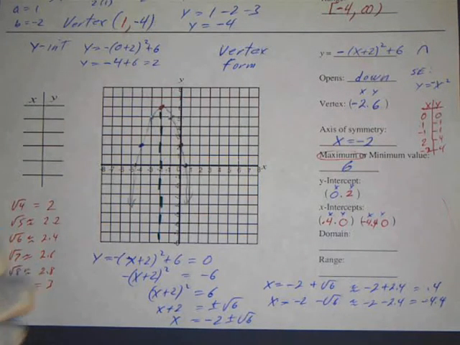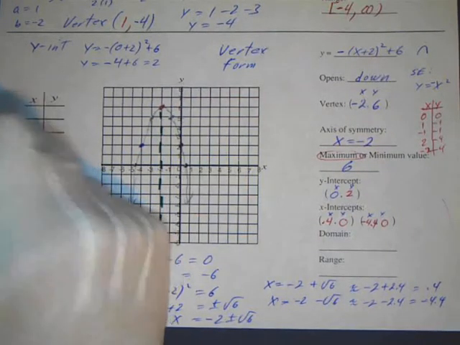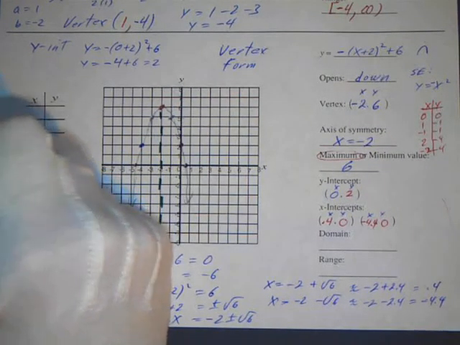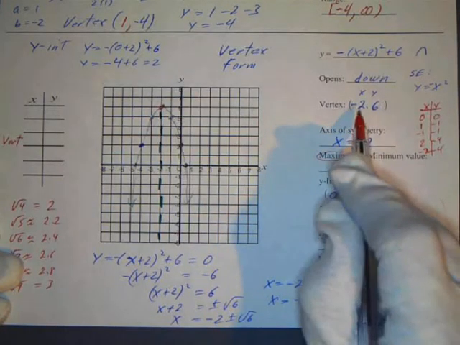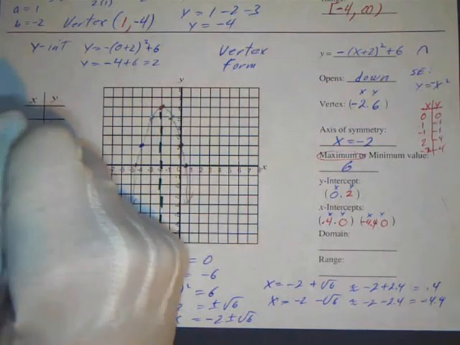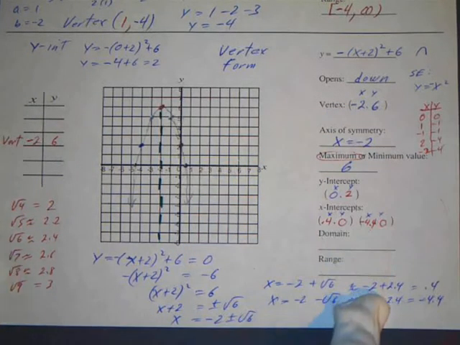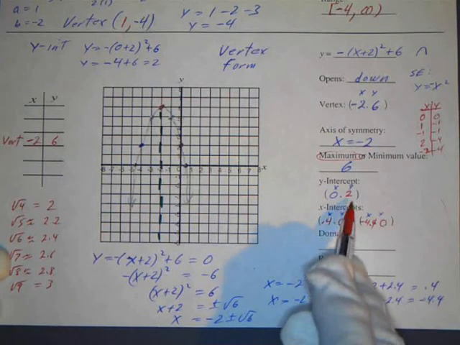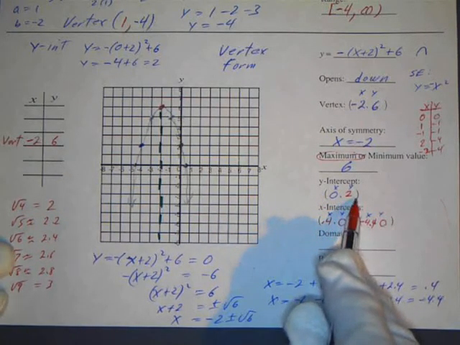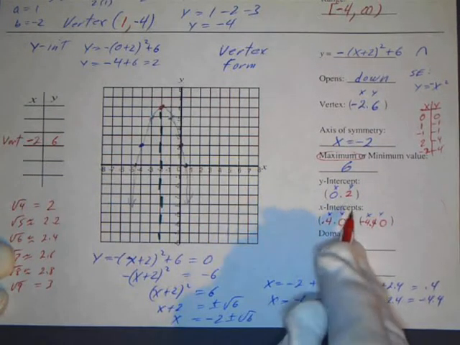So take a look at that and think about it. Now we wanted some points here, and we usually put our vertex in. So this is the vertex, and that was the point -2, 6. And if we use these points over here, I've got my y-intercept. So my y-intercept is going to be 0, 2. So x is 0, y is 2.